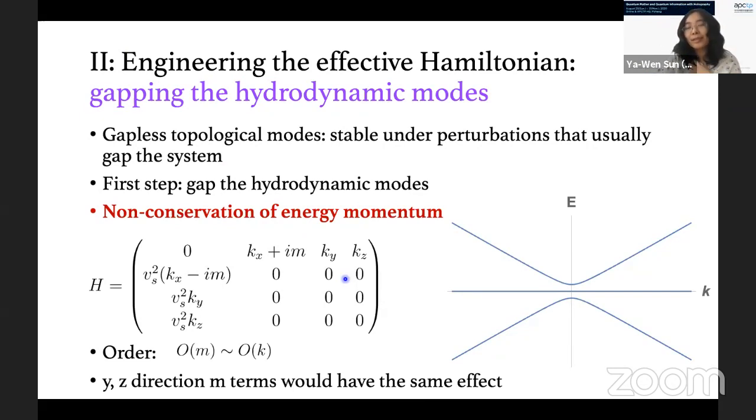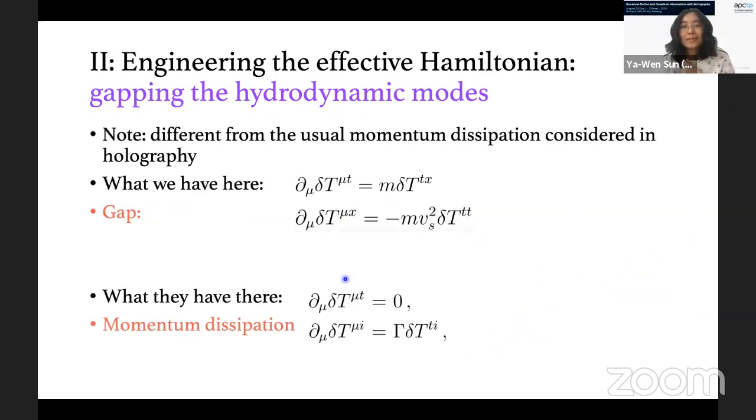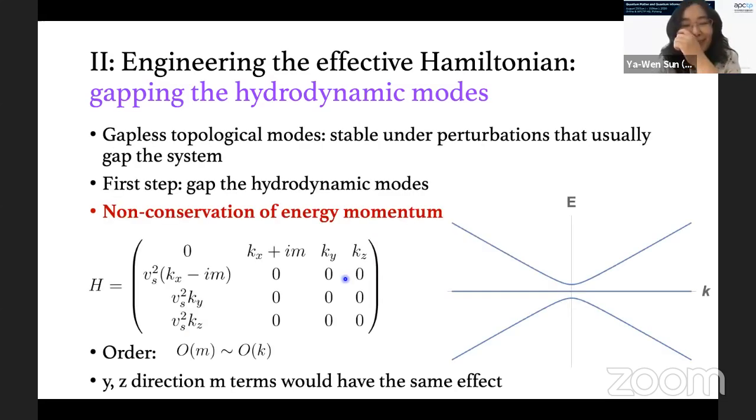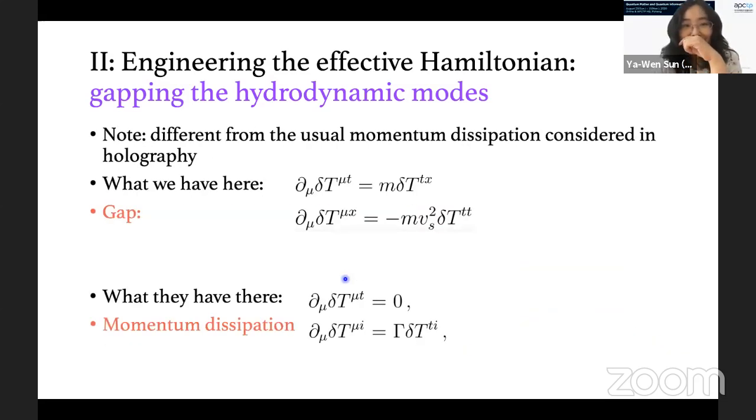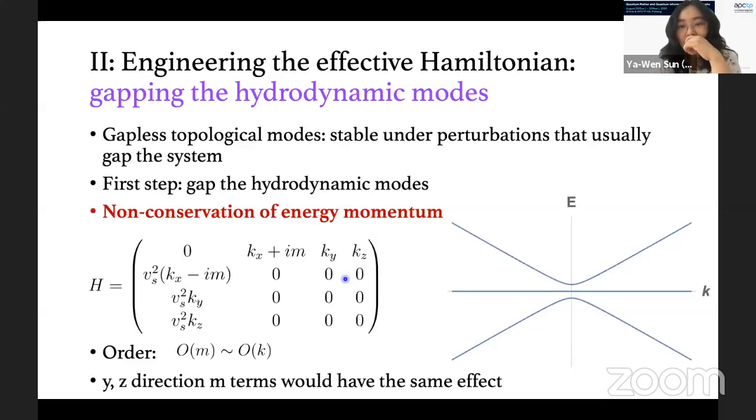So after gapping this system, there's one thing that we need to note. There has been a lot of work on adding momentum dissipation in holography and also in hydrodynamics. There, they also have modifications to the energy momentum conservation equation.